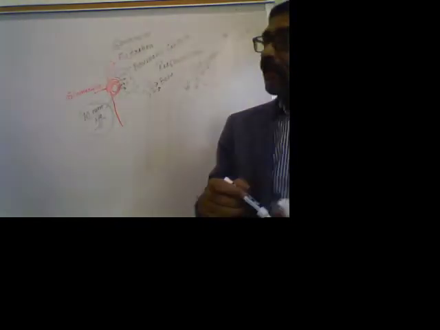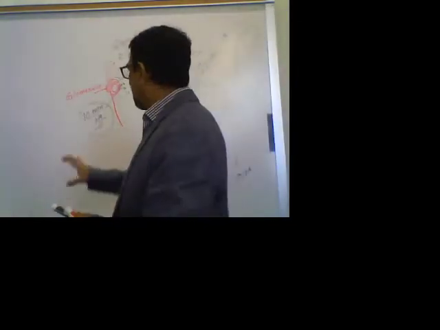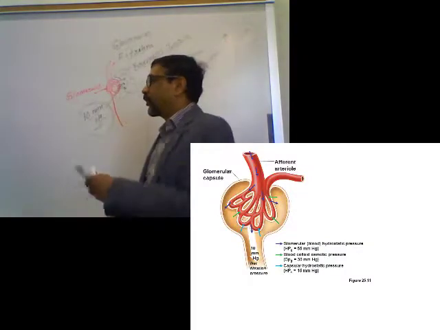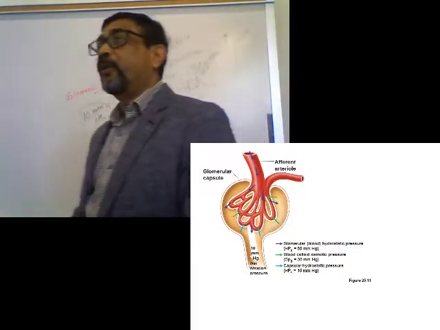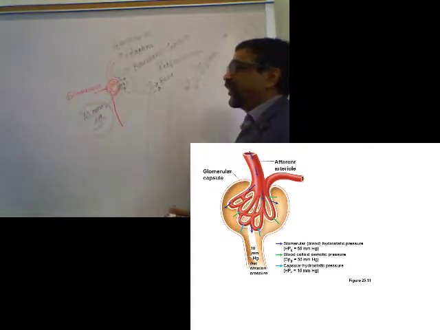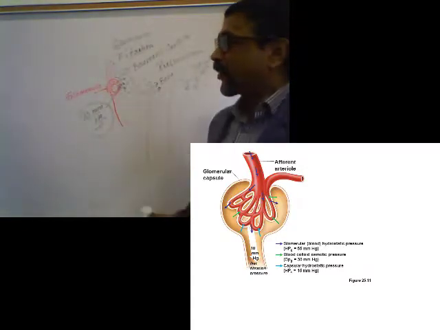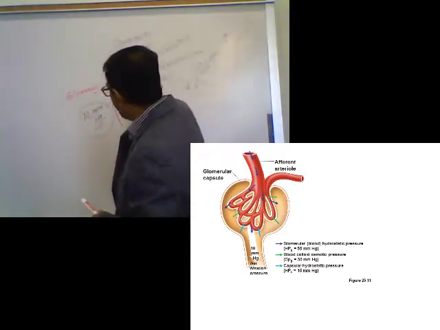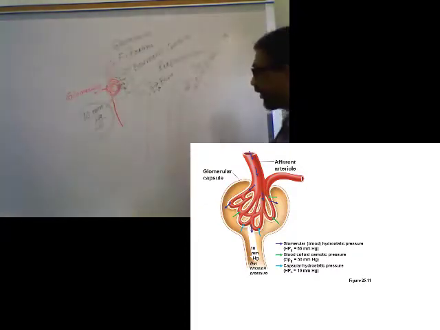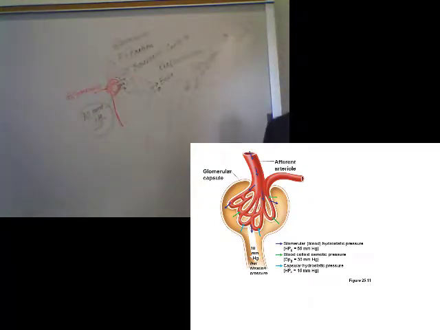So, what are the three pressures in this area we have? Those three pressures are glomerular hydrostatic pressure, which is the pressure of fluid in the glomerulus, that means in the blood.